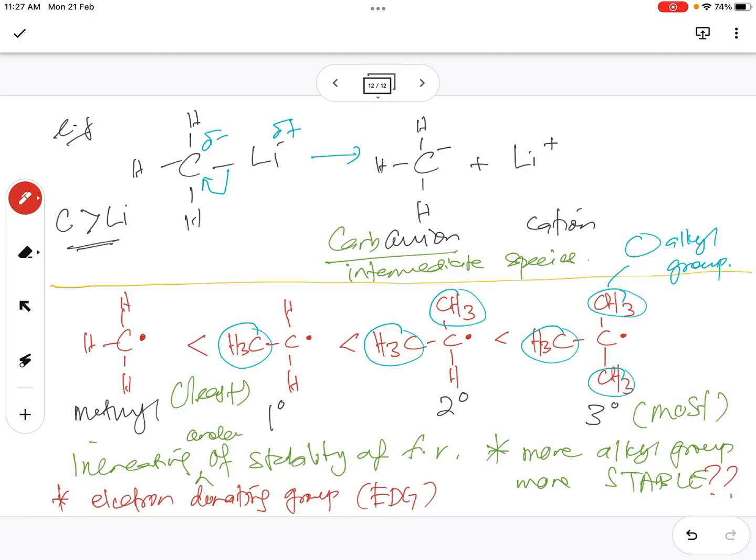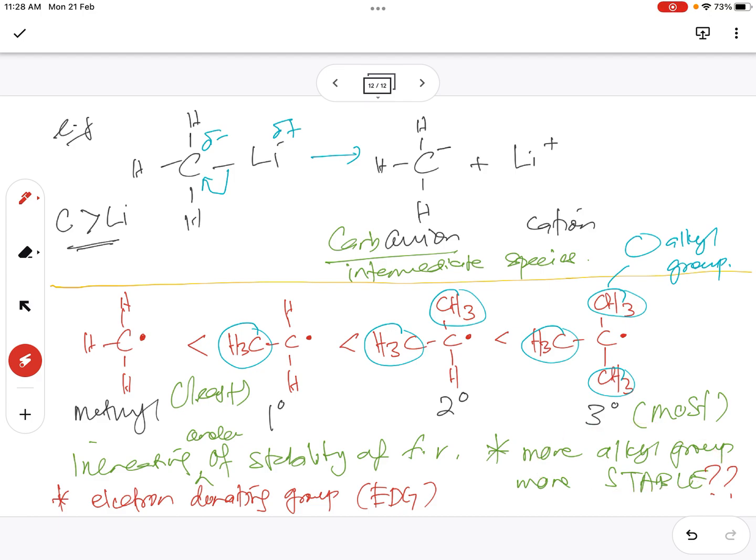If more alkyl group present, alkyl group is electron donating group which will increase the electron density around the carbon free radical, and thus help to stabilize the unpaired electron of carbon atom. Itu reason dia lah. But keyword yang ni.